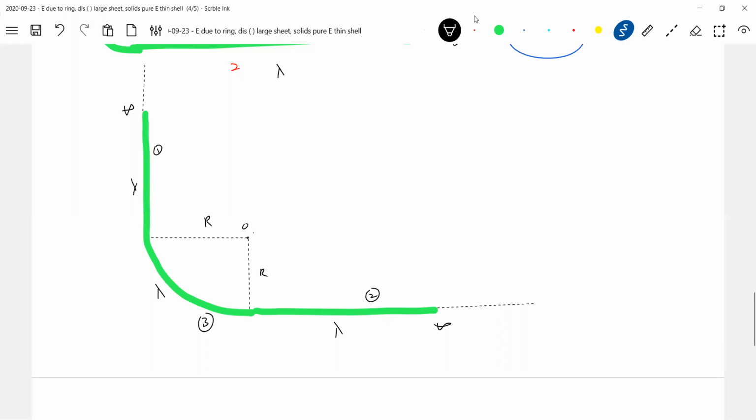Due to 1, E1 perpendicular, E1 parallel. Due to 2, E2 perpendicular, E2 parallel. Then the resultant should make an angle. Definitely, I am very sure that it should be 45 degrees. Do I agree?